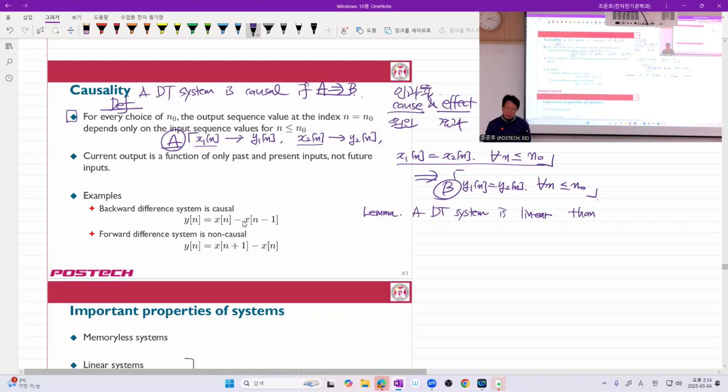Then, let me skip this one; we will come back to it anyway. So this is the definition of causality of a DT system.